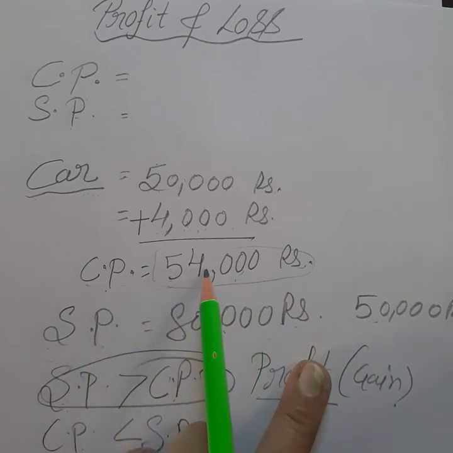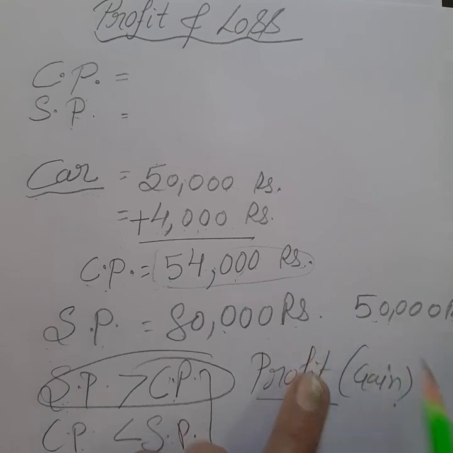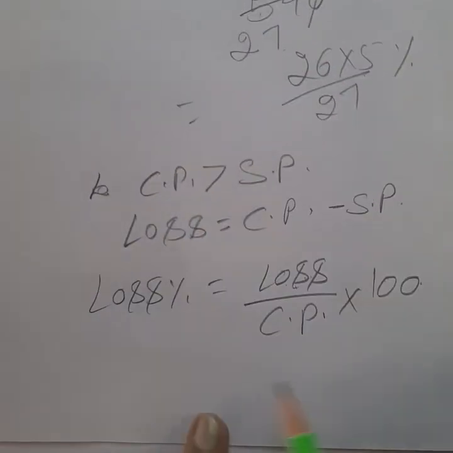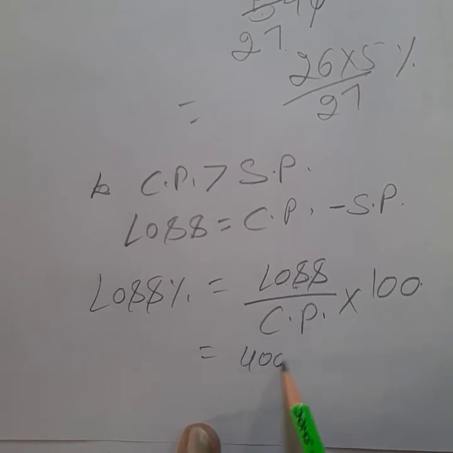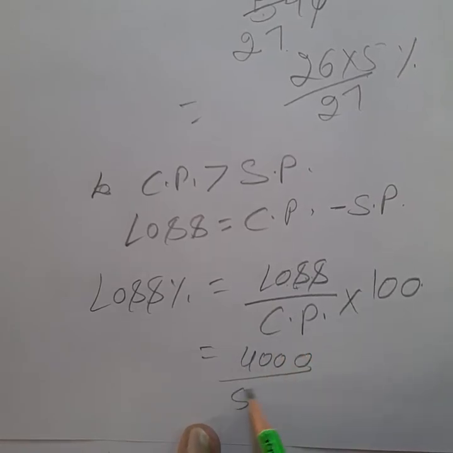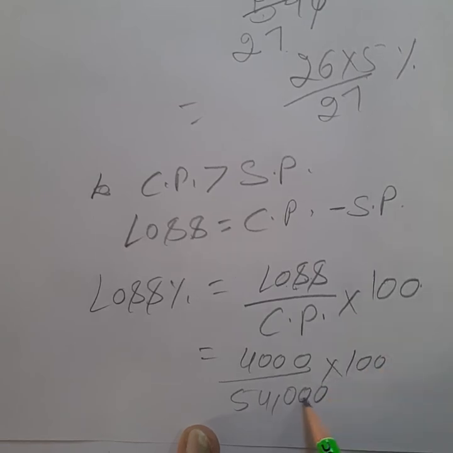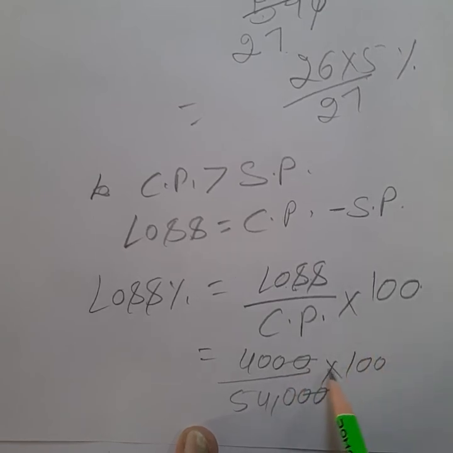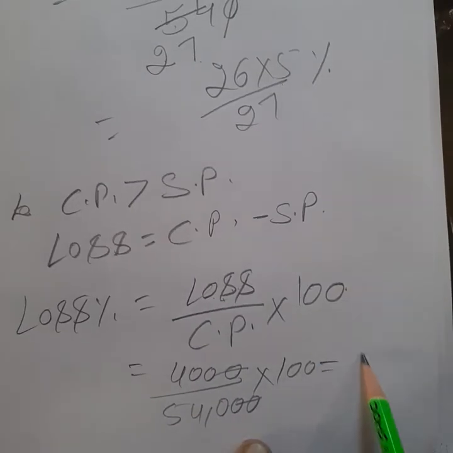Obviously if we subtract 50,000 from 54,000, we get a loss of 4,000. In this case we write the loss as 4,000 and the cost price as 54,000, and by cancelling and solving it you get your loss percent.